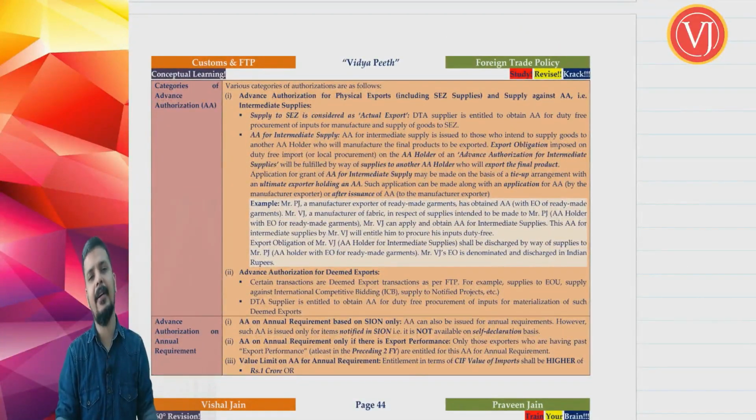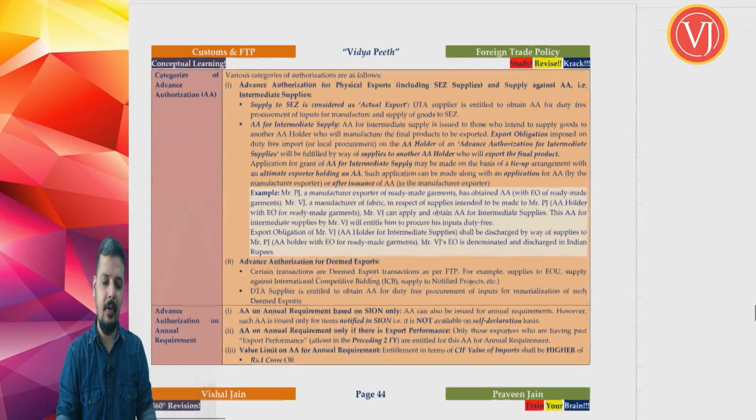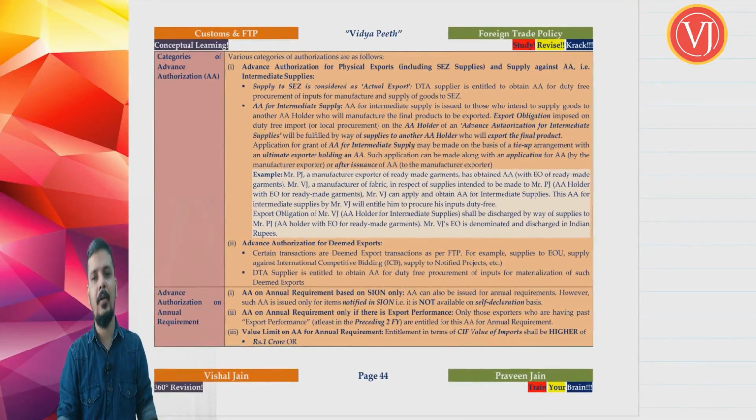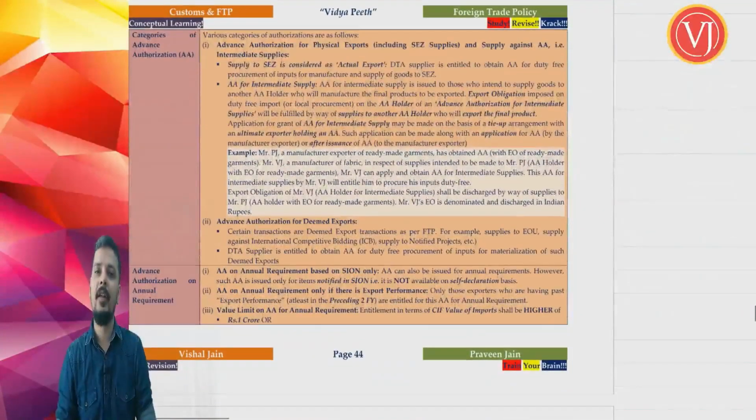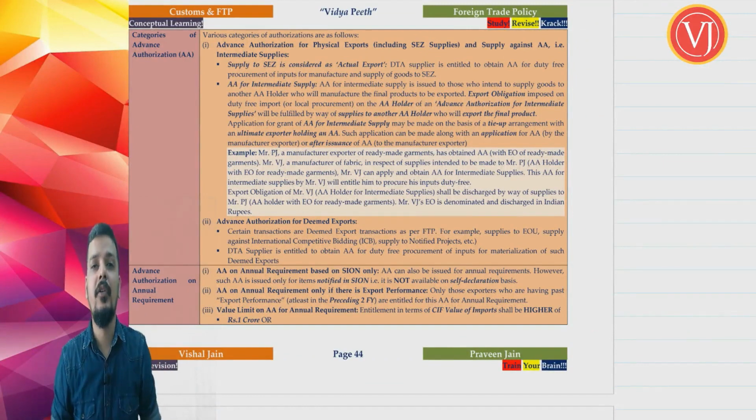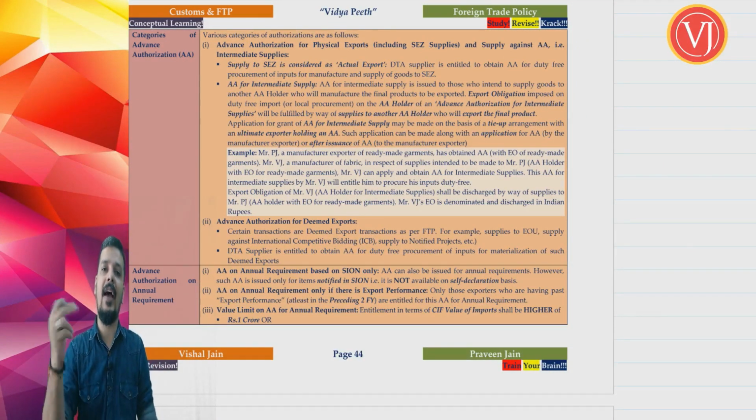And friends, when you talk about the last category, you are talking about your categories of advance authorization, what to be included, what not to be included, plus the benefits. So all the points till here are completed. What we have to see is for what all exports you have the benefit of advance authorization, and what is the actual benefit.